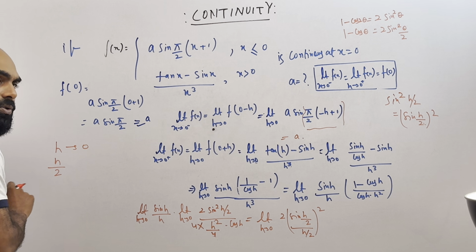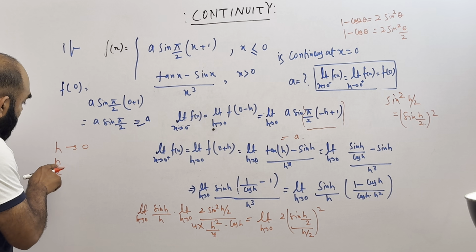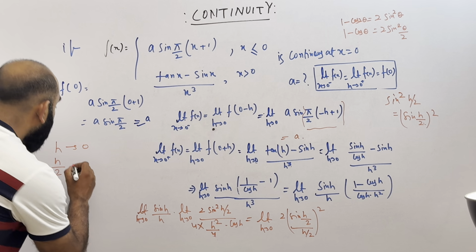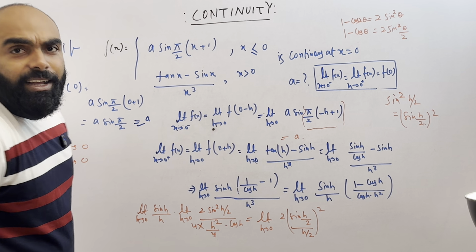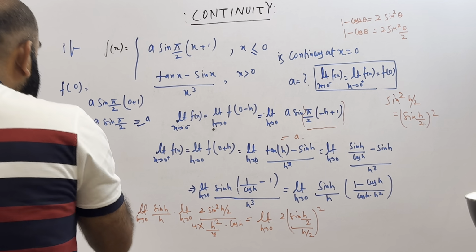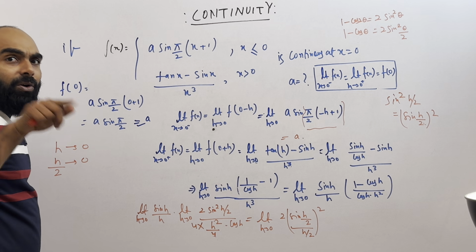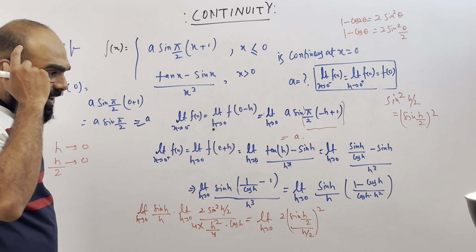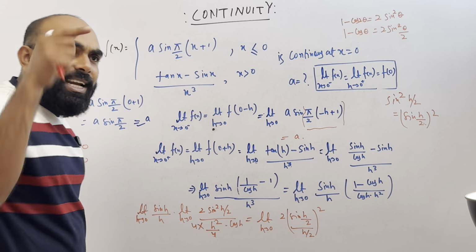In h you are multiplying 1 by 2 only. Okay, sir, got it. So h is tending to 0, so h by 2 will also tend to 0.